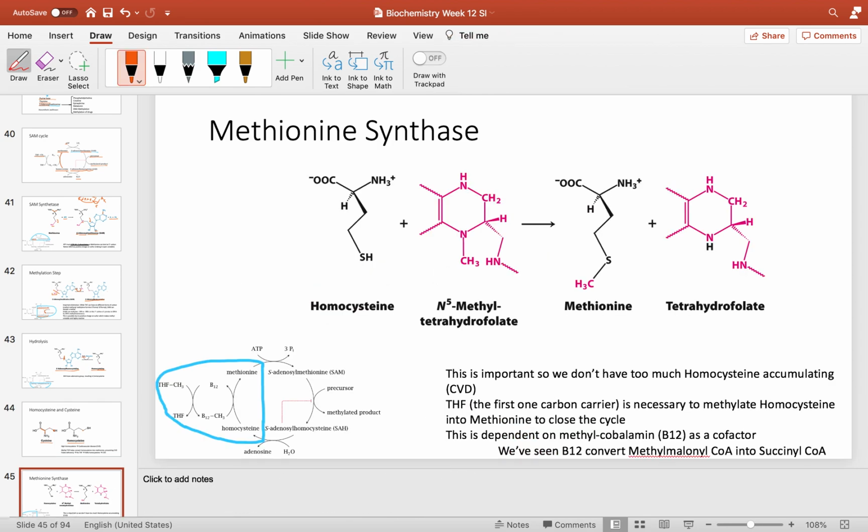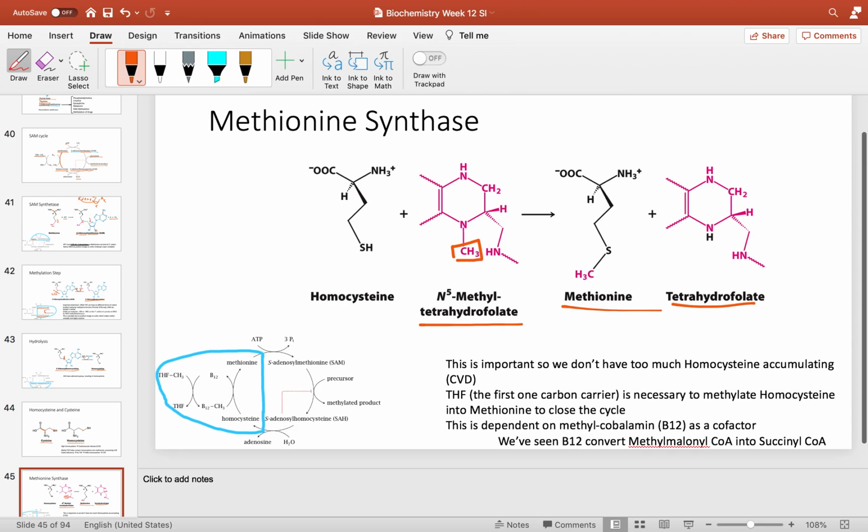So let's see this last step here. So we have this homocysteine, which is basically cysteine plus a carbon. So we're going to get our THF, and in this case it's going to be N5-methyl THF that we'll be using. So this N5-methyl THF will donate this carbon that's sticking off of N5, the pyridine ring, and it'll add it on to the sulfur of homocysteine to produce methionine. And in the process, it'll be reverted back to THF. So this is important because remember, homocysteine is bad for you.